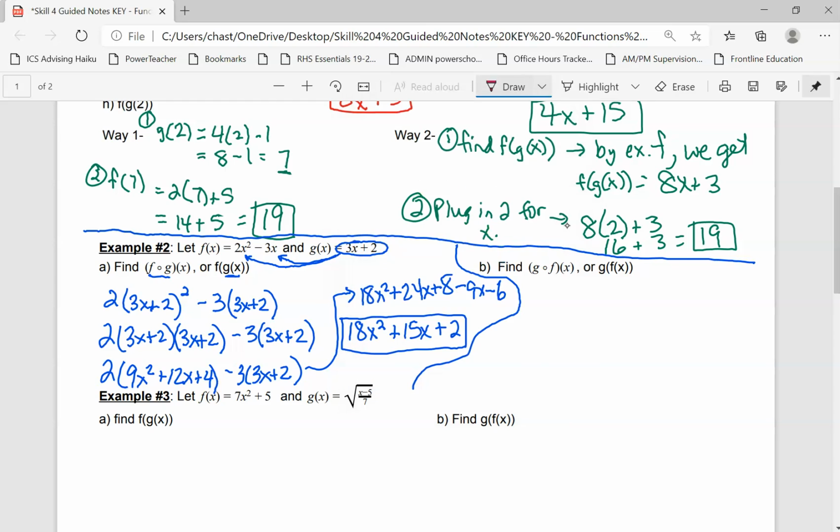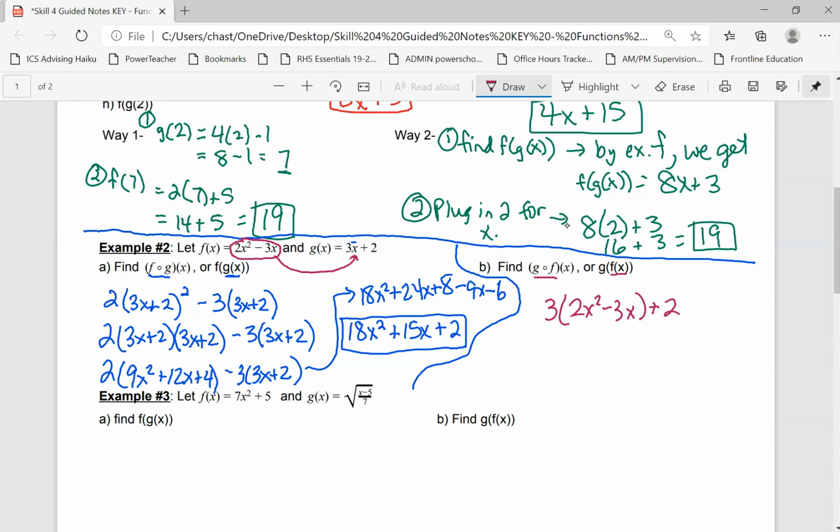The good news is if we went the other way, finding g circle f, which means we plug in f of x into our g of x function, this is a little bit nicer because we're taking that quadratic part and plugging it into just one variable and it's all linear. So when we do this, we're going to have 3 times the quantity 2x squared minus 3x plus 2.